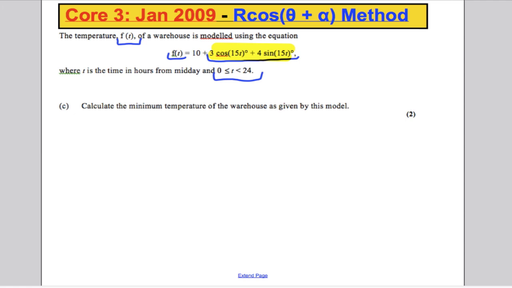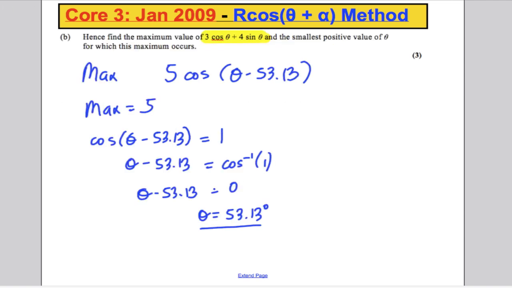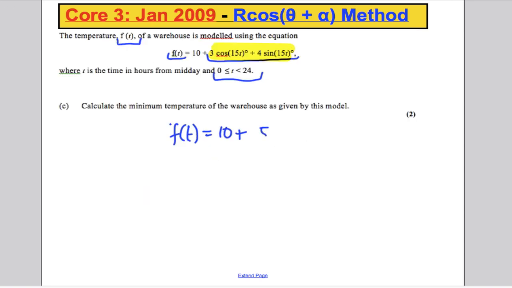So we can say that f of t is 10, and this, written in the form we had previously, would be 5 cos(15t minus 53.13). 15t is like theta.